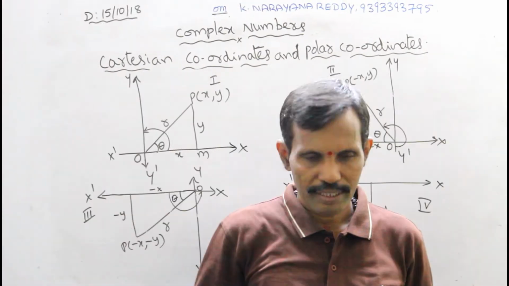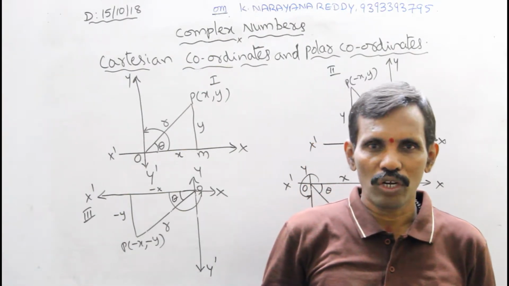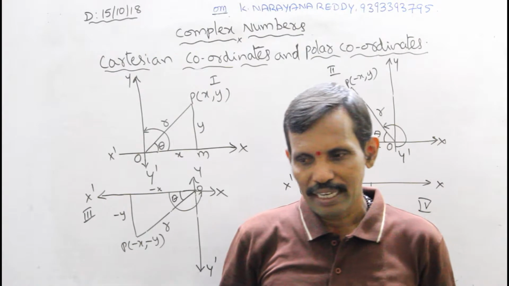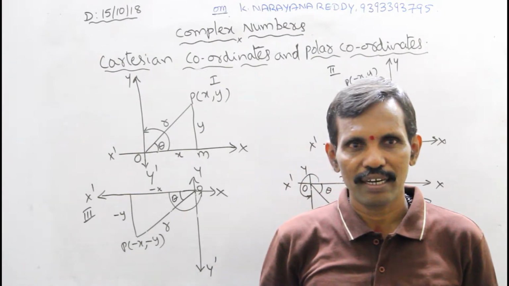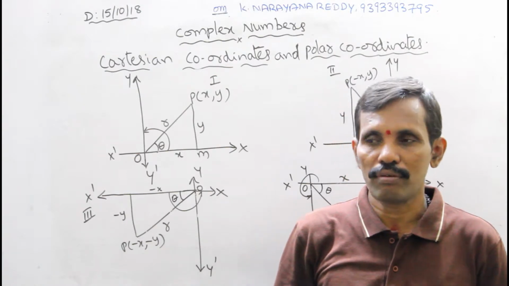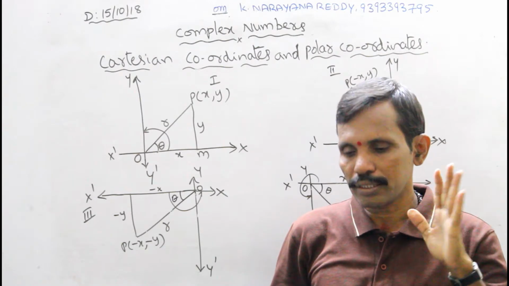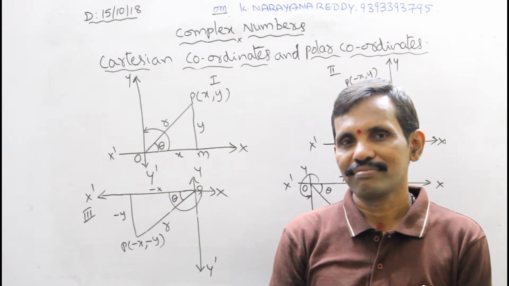See here, polar coordinates and Cartesian coordinates: how you can identify them in graphical form. This is very important in mathematics. Why?